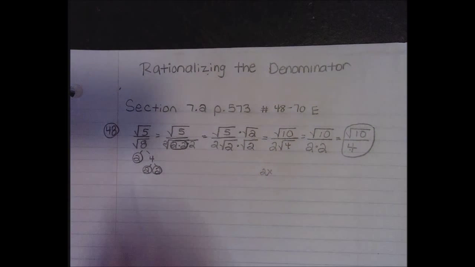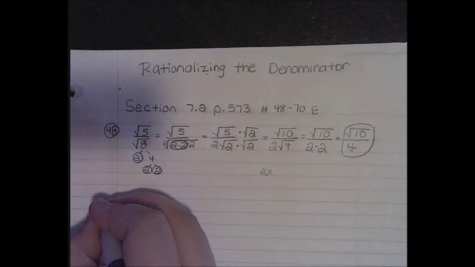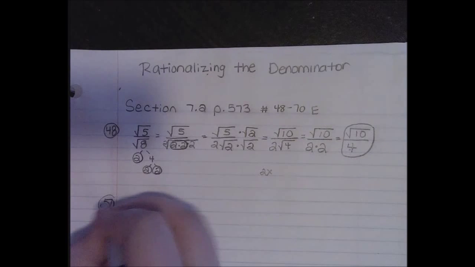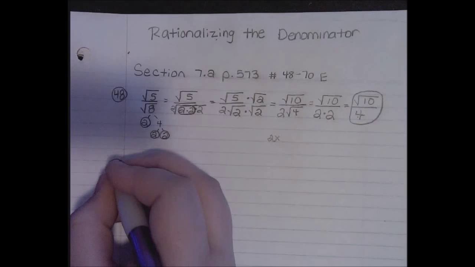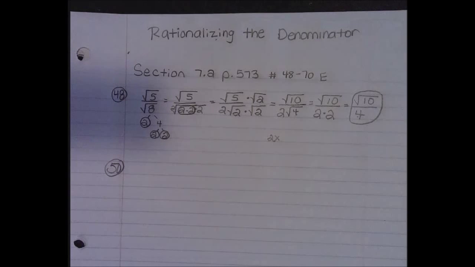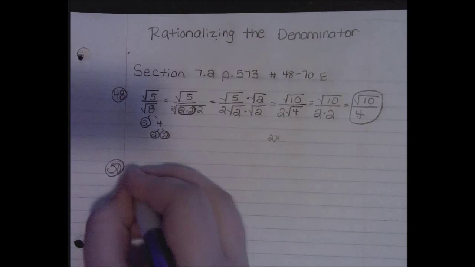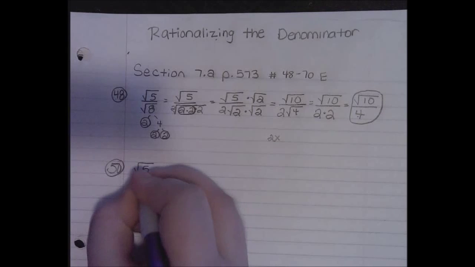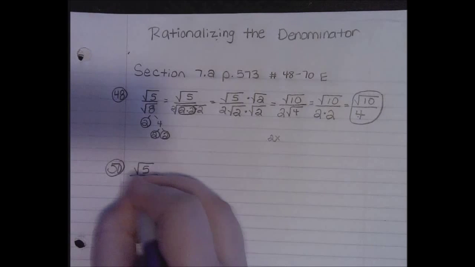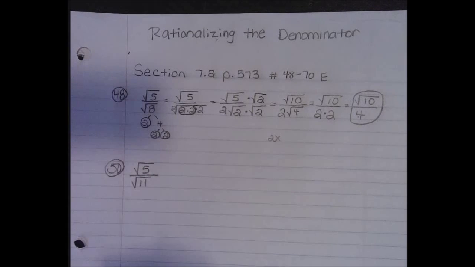Now we are going to move on to number 50 on page 573. Number 50 says I have the square root of 5 over the square root of 11.